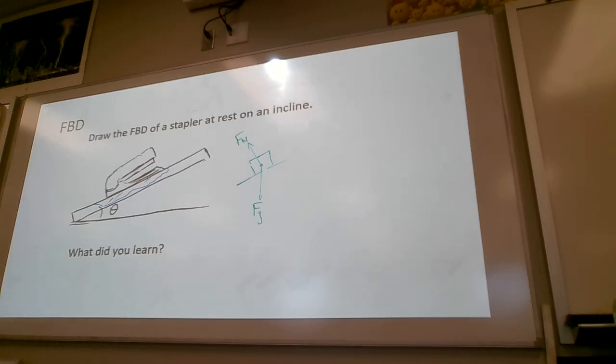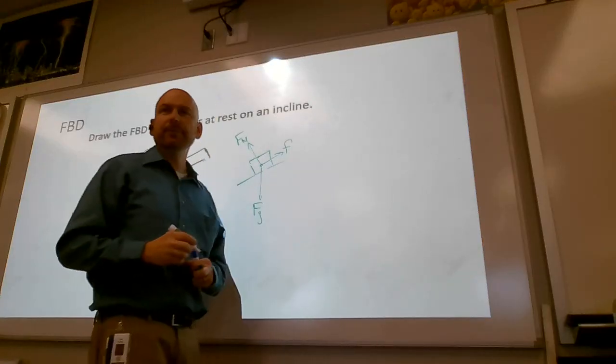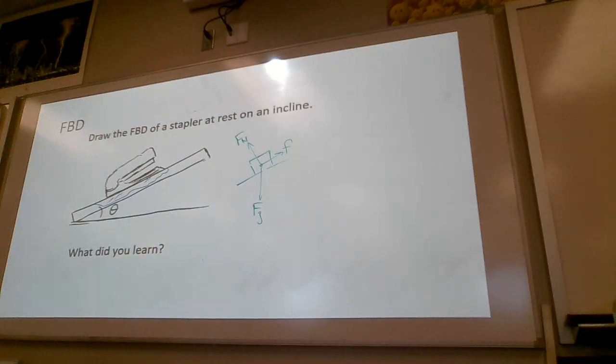So friction always opposes the direction the surface wants to slip or slide. So friction is acting which way? Up the ramp, parallel to the surface. Look at that. That would be the free body diagram of a stapler at rest on an incline.